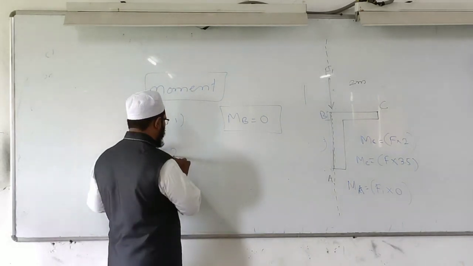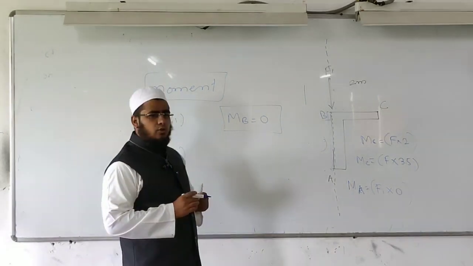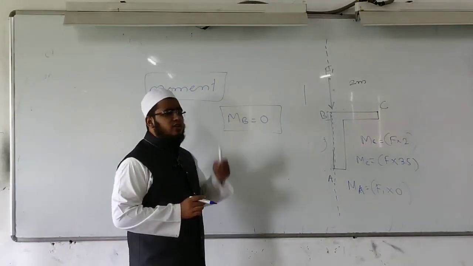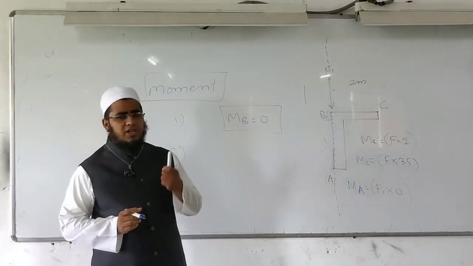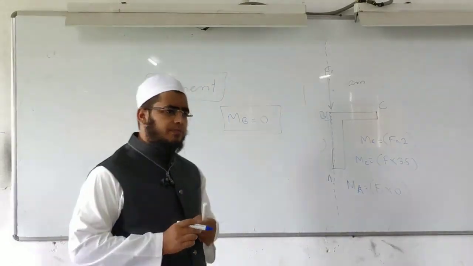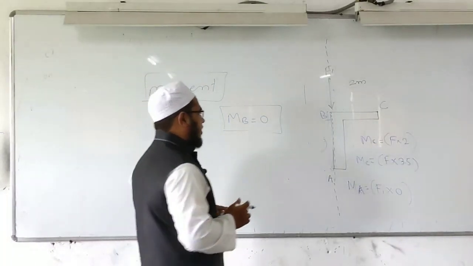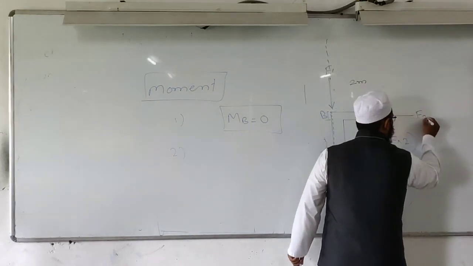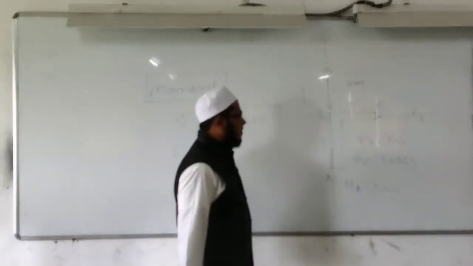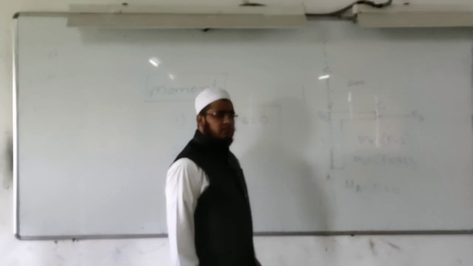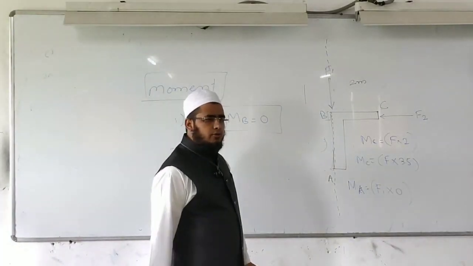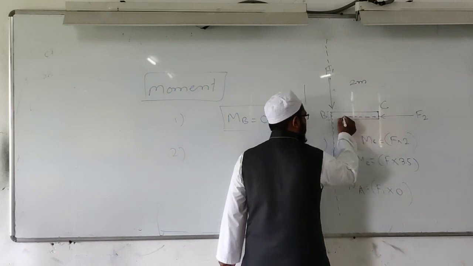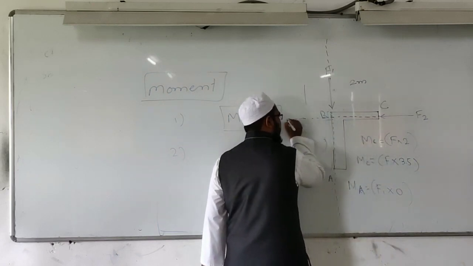Second case, when the moment is 0: whenever the line of action of the force is passing through the moment center. For example, consider this force F2 here. According to the law of transmissibility of force, I will extend the line of action.